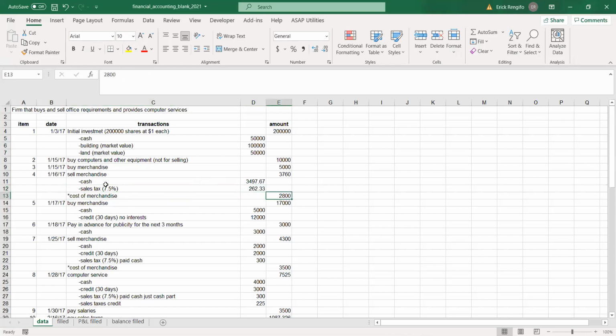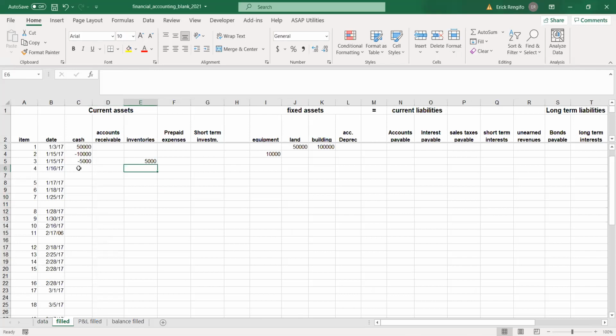And then this is a cost of merchandise. Remember that if I sell something, it should have a cost. This is what is called cost of goods. Got it? So how much money will I be receiving, cash in total? It is 3,760, correct? Guys, you agree? Yes, 3,760.